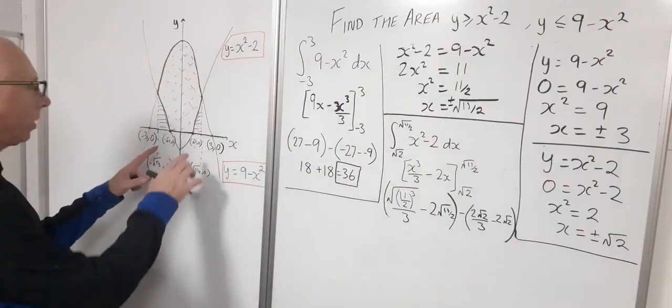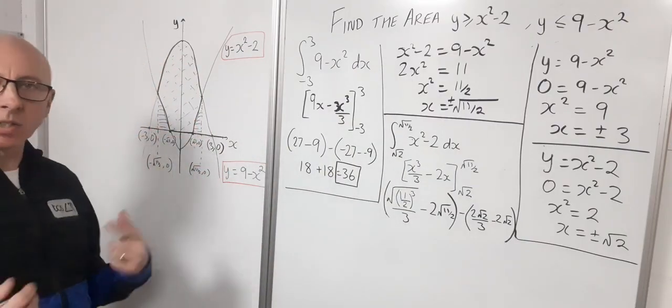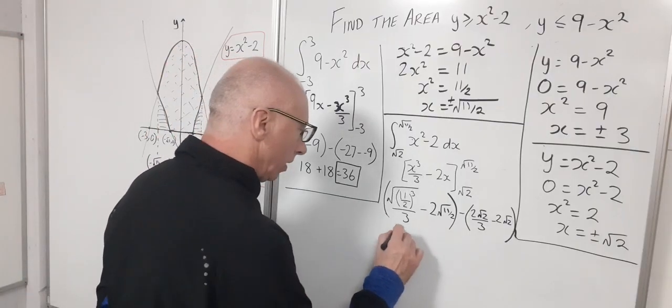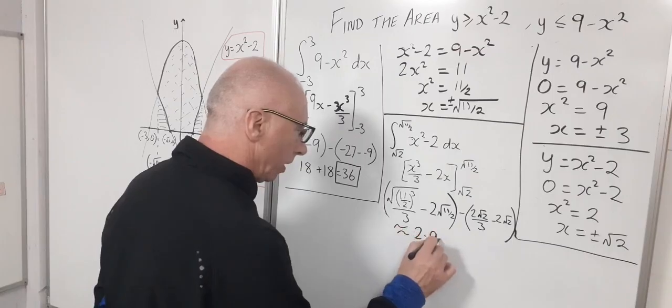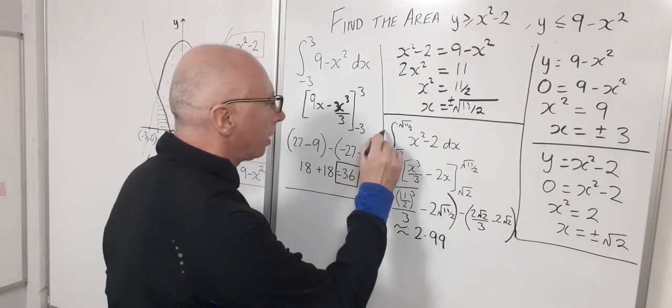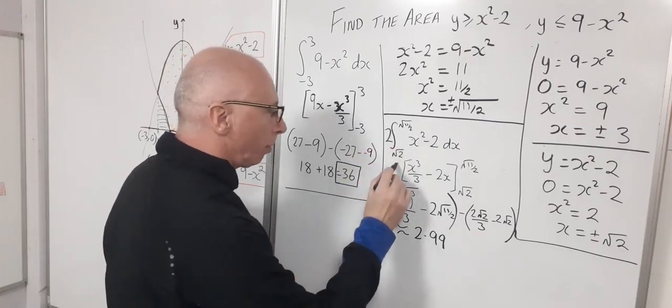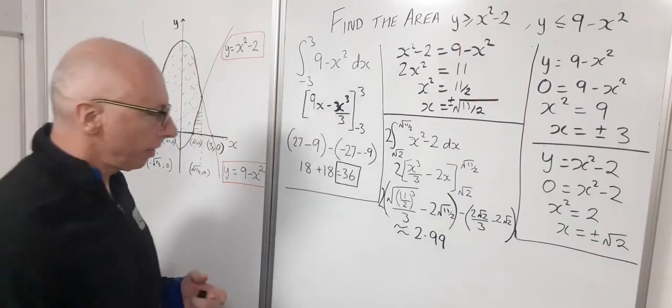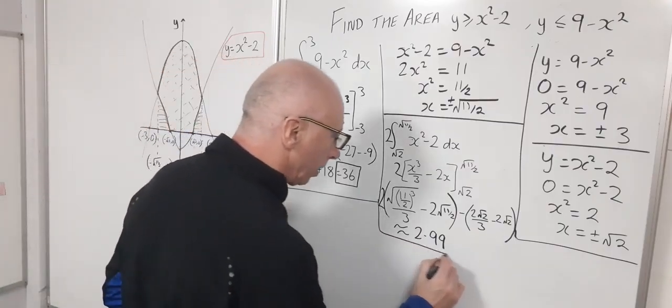But remember, we need that area twice, so I need to double that. That's going to give me approximately 2.99 when it's been doubled. If I put the 2 in there and multiply everything by 2 all the way along, that'll give me 2.99. So that takes care of that part.